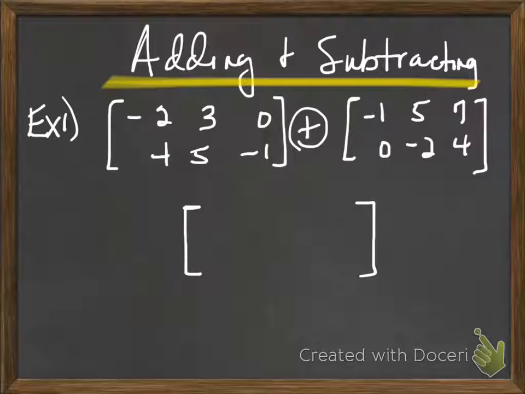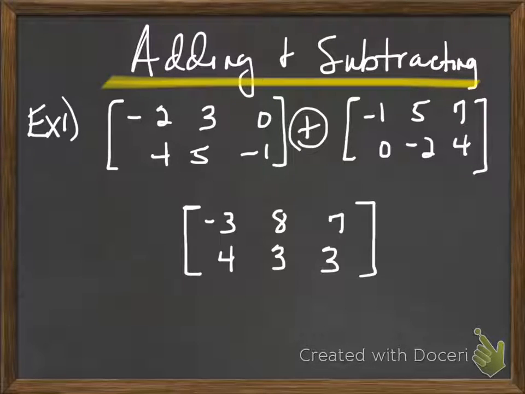You'll add or subtract the numbers that are in the same location. So we'll do -2 plus -1, which is -3, 3 plus 5, which is 8, 0 plus 7, which is 7, 4 plus 0, which is 4, 5 plus -2, which is 3, and -1 plus 4, which is 3.